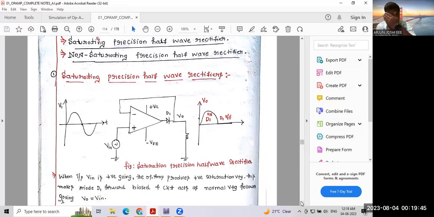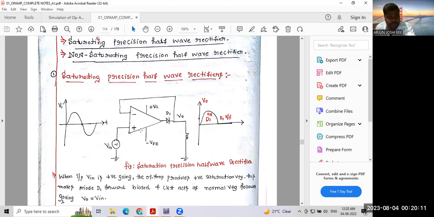We need to consider both cycles here. One complete cycle has a positive half cycle and a negative half cycle. First, you need to understand the positive half cycle. What will happen when we give the positive half cycle, the positive supply? The op-amp is going to generate positive output only, because it is a non-inverting amplifier. What is the agenda of the non-inverting amplifier?